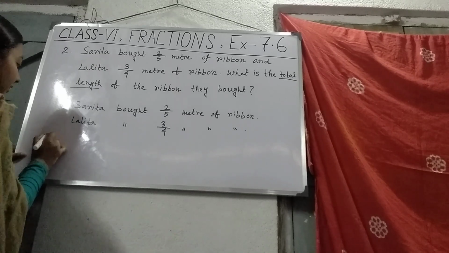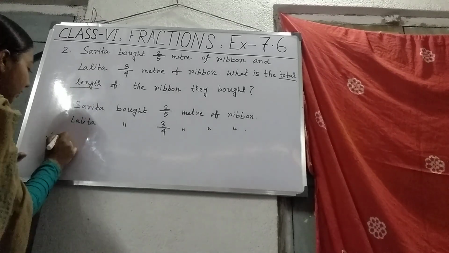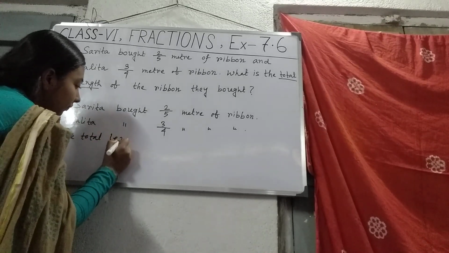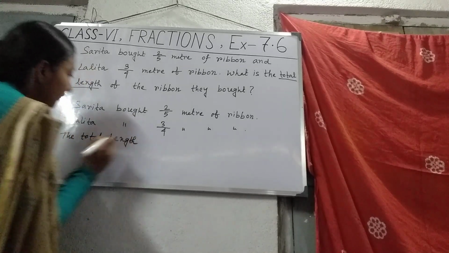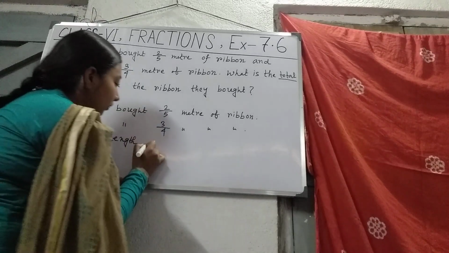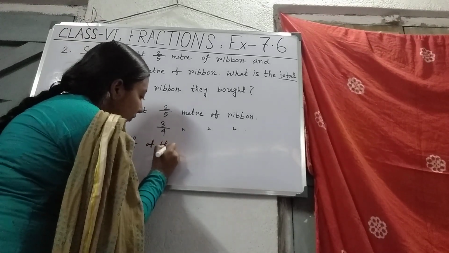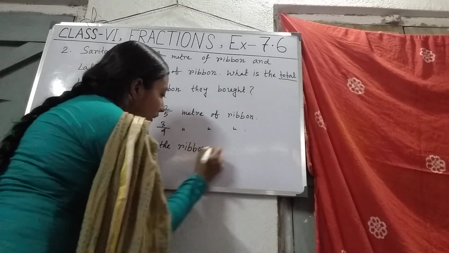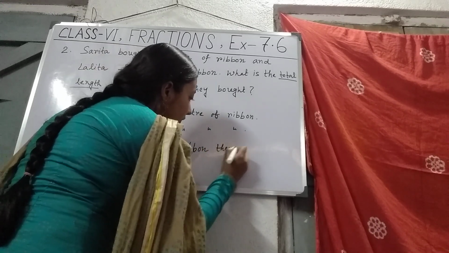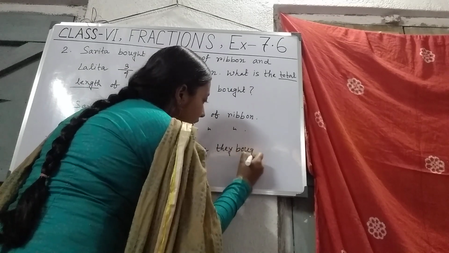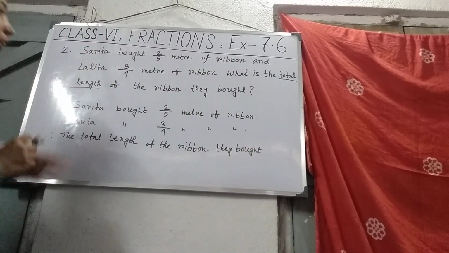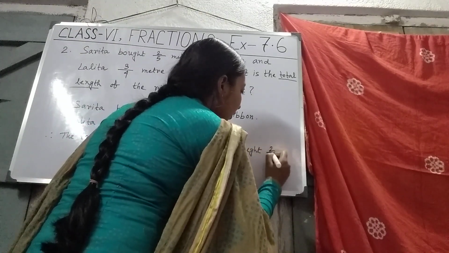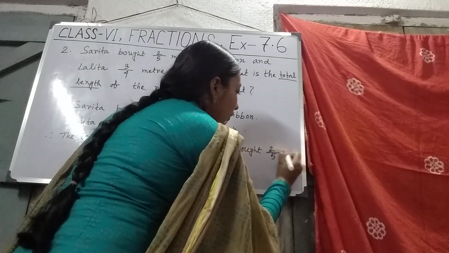So for answer, the total length of the ribbon they bought equals to 2 upon 5 meter plus 3 upon 4 meter.